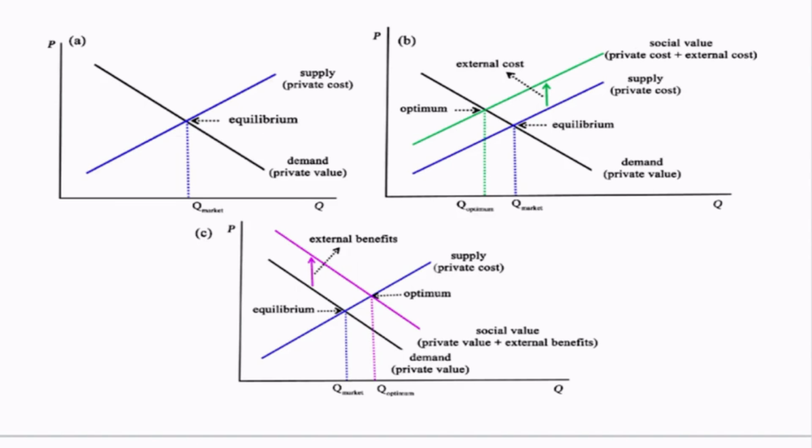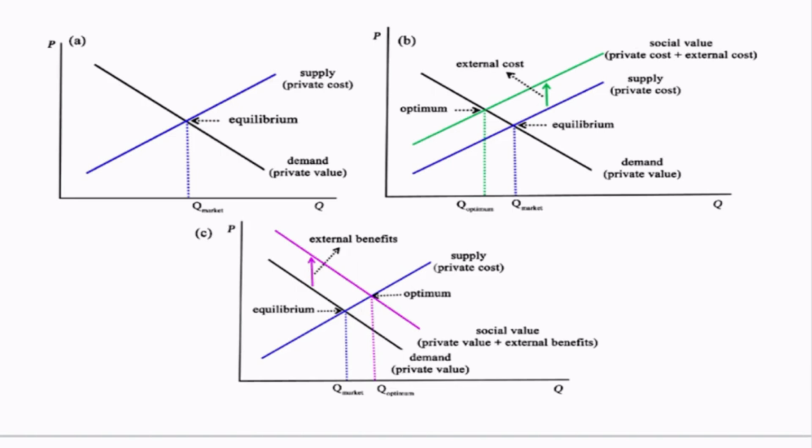If you see the third graph, Q market at equilibrium reflects the number of vaccines produced without considering the external benefit, because you know that vaccines are going to benefit the society at large. And this Q market is the quantity which is actually less. Let us say that the number of vaccines produced is 50, so Q market is 50.